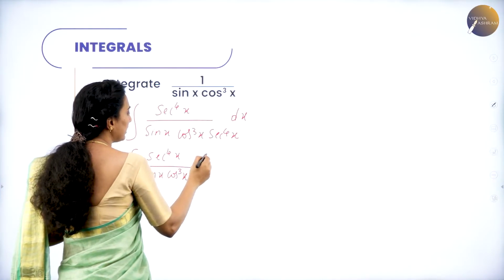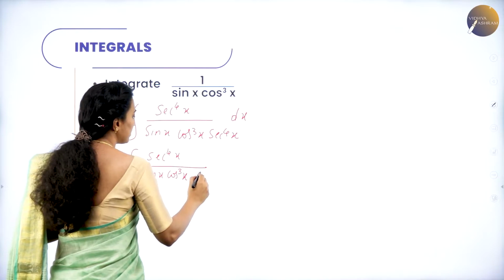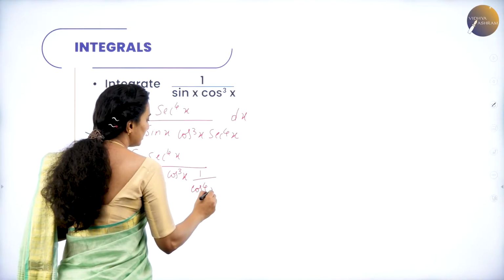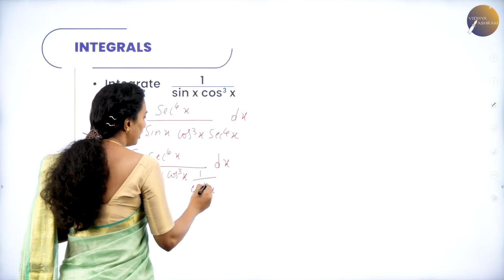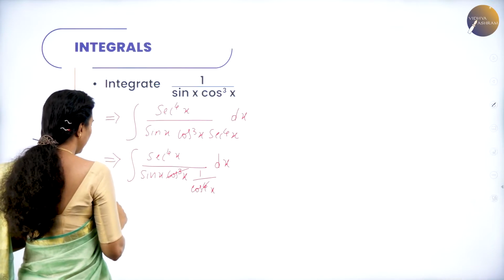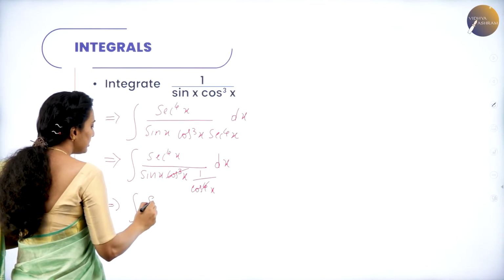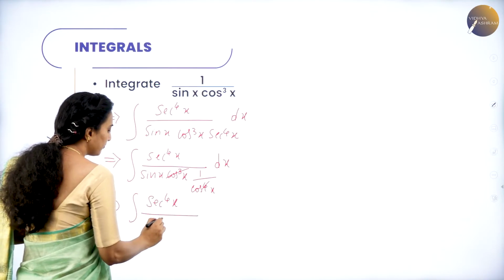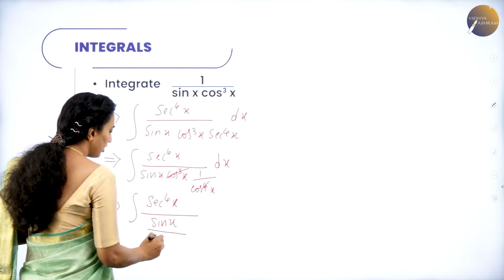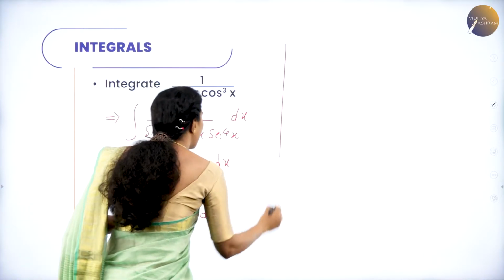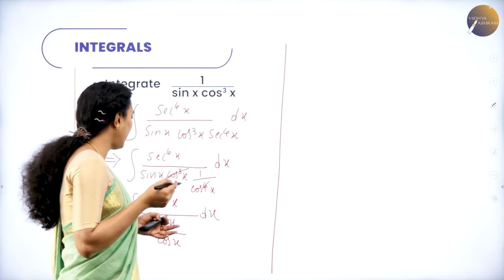This 1 by secant to the power of 4x can be written as 1 by cos to the power of 4x, isn't it, into dx. Now here, one term of the 3 terms of cos will get cancelled. Remaining in the numerator is secant to the power of 4x as it is, divided by sin x divided by cos x. Now what is sin x divided by cos x, dears? Sin x divided by cos x is nothing but tan x.